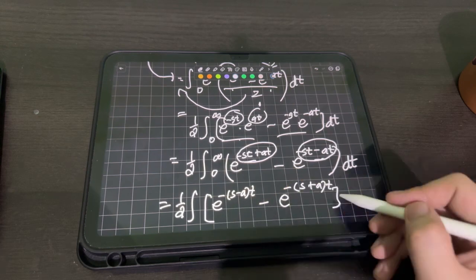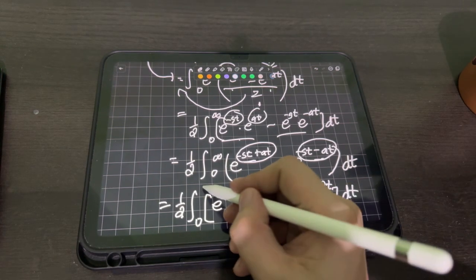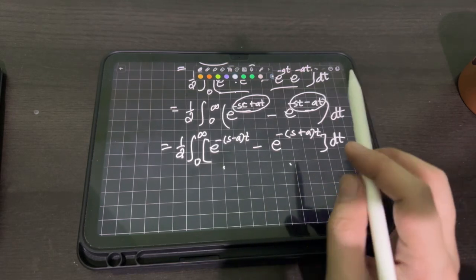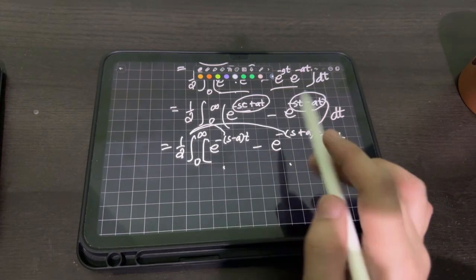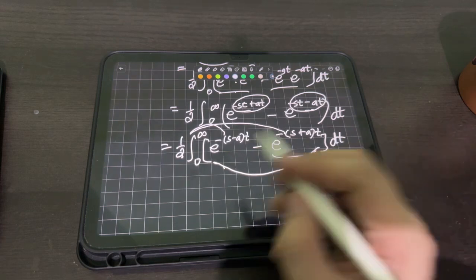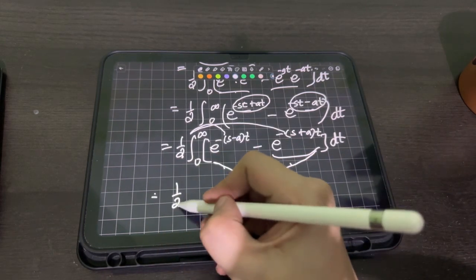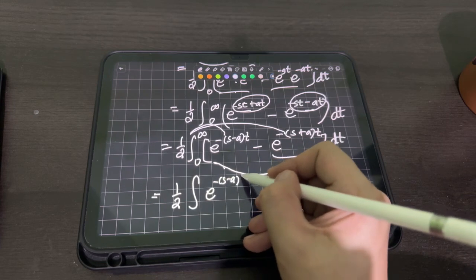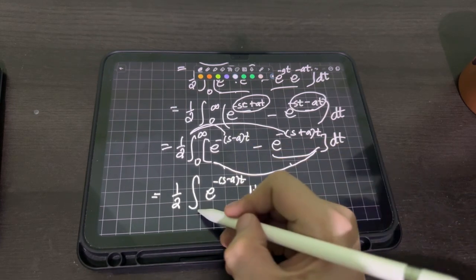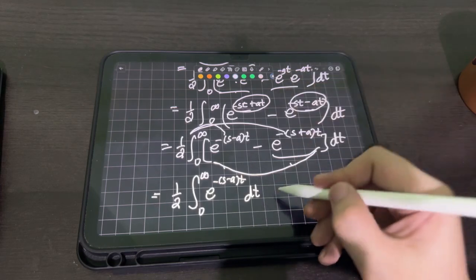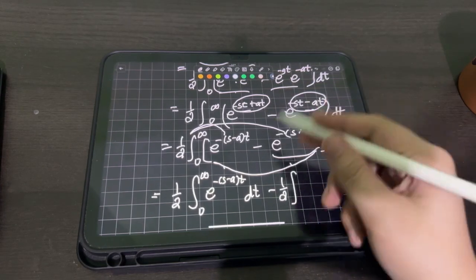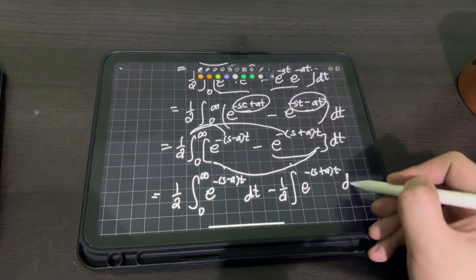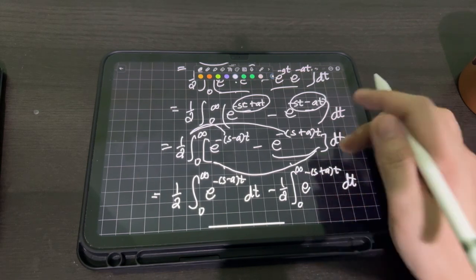Okay? dt from 0 to infinity. So since we have two terms in the integral, we can distribute the integral symbol together with the dt. So we will have 1/2 integral of e to the negative quantity s minus a t dt from 0 to infinity, then minus 1/2 integral of e to the negative s plus a t dt from 0 to infinity.